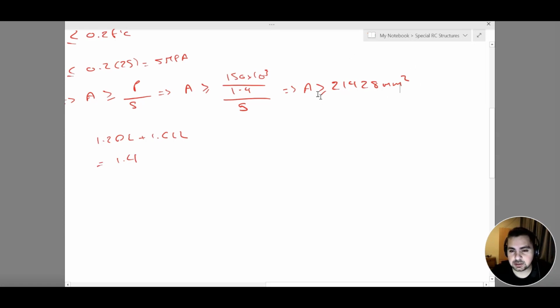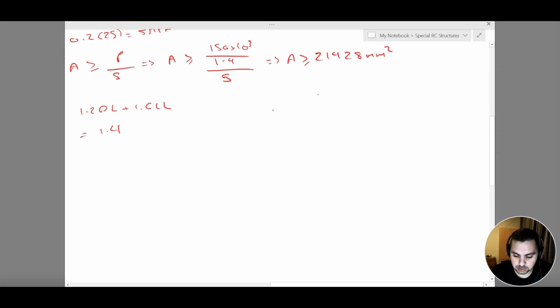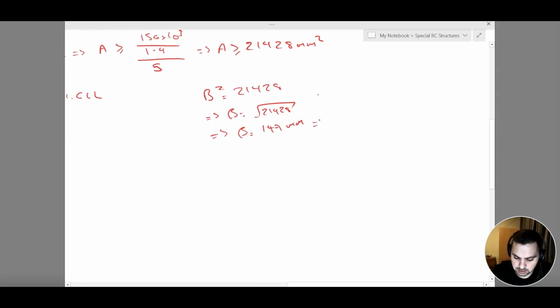Now let's take into consideration that we have a square section, so B squared equals 21428, implies B equals radical 21428, around 147 millimeters, or we can take it as 150.